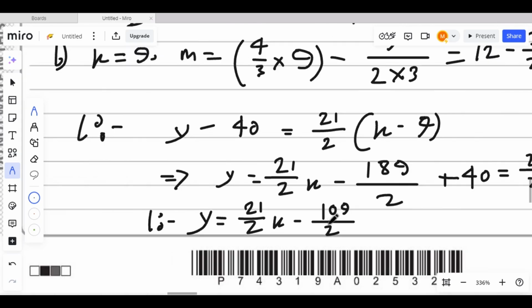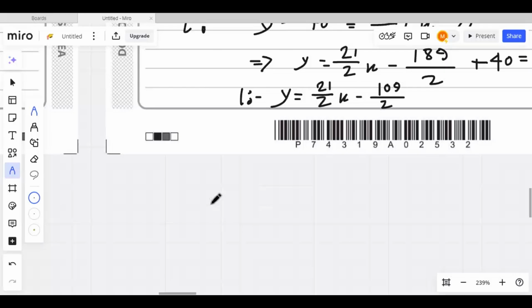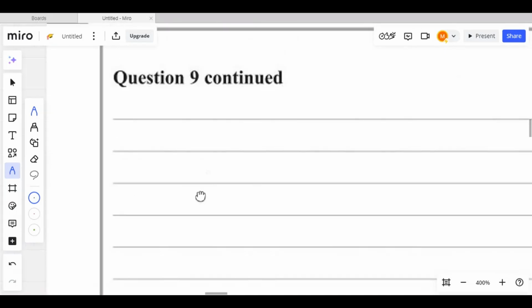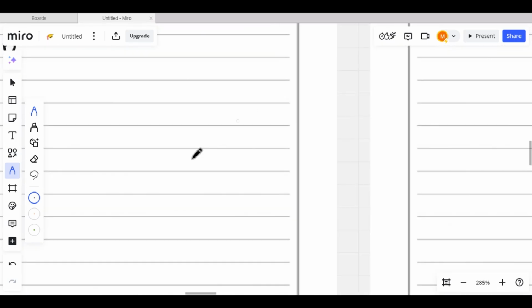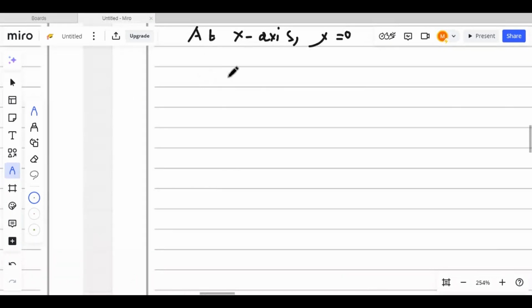Now we need the point where it is intersecting the x-axis. At the x-axis, we know that the value of y is 0. So if you plug in y equals 0, then you will get 21 over 2 x minus 109 over 2 equals 0.